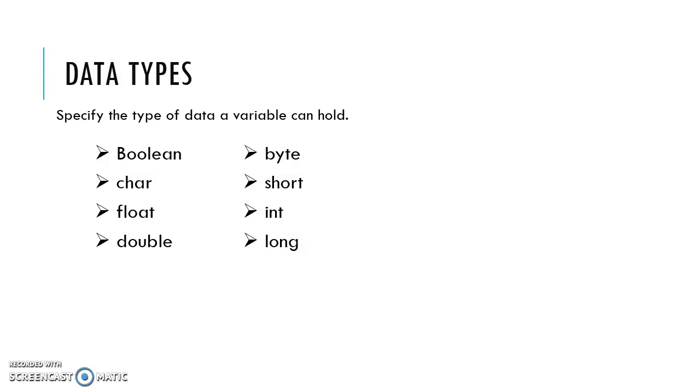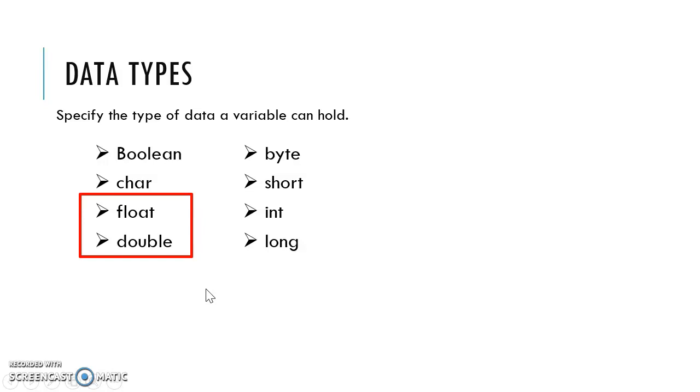As you're reviewing the different data types available, it's important to understand that 2 of the data types are used to store decimal values with a decimal point. Those are float and double.